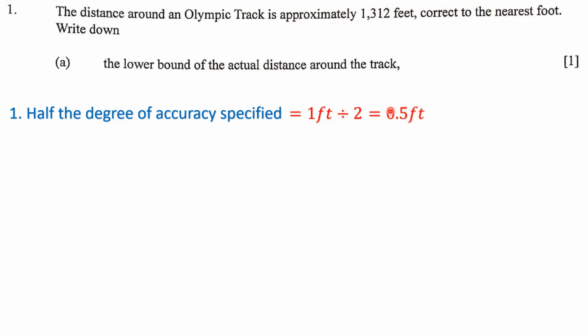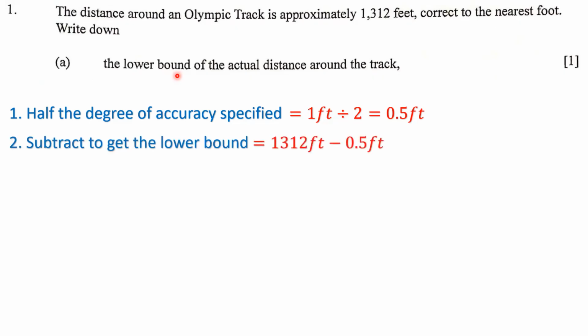Now we take this 0.5, and since we're trying to find the lower bound, we subtract. So we take 1,312 feet and subtract 0.5, and we get 1,311.5. That is the lower bound.